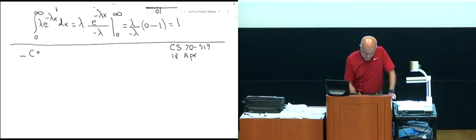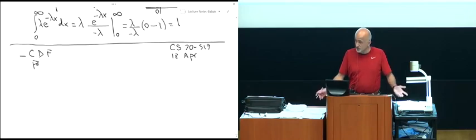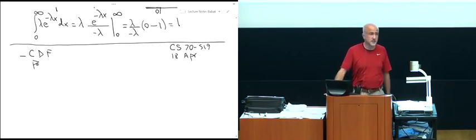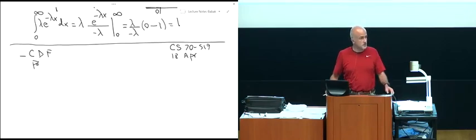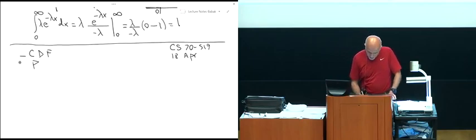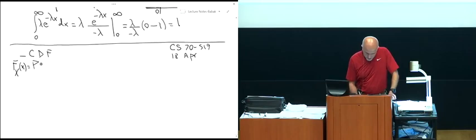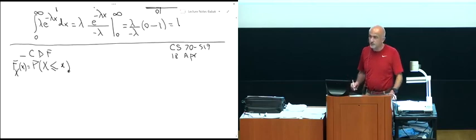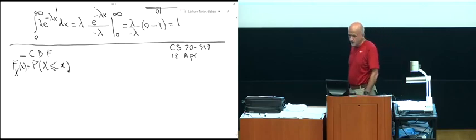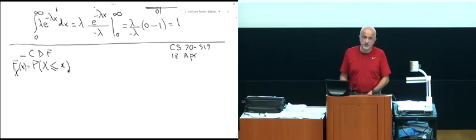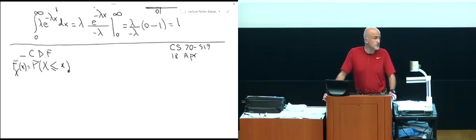We introduced the cumulative distribution function, which can be applied more universally, not only to continuous random variables, but also to discrete random variables. If we have a random variable x, then the cumulative distribution function is the probability that that random variable x takes on values less than or equal to a certain amount, small x.